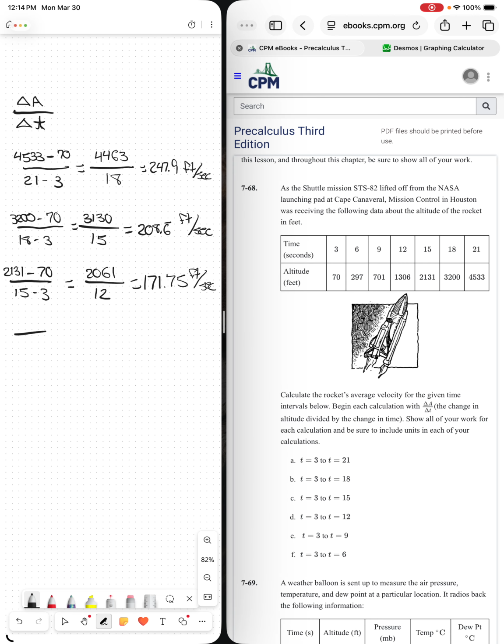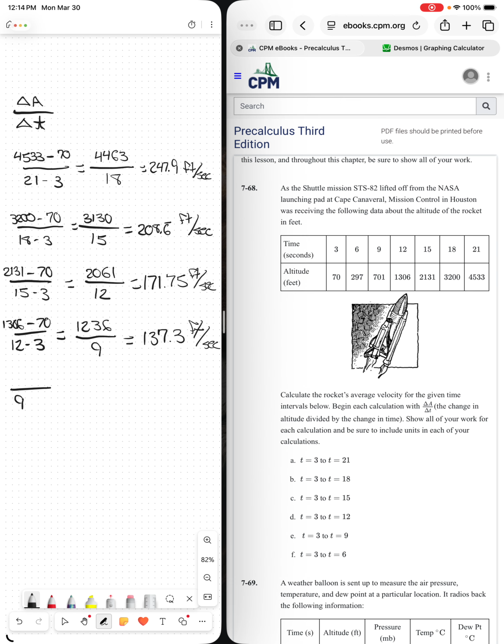All right, now we're gonna do 12. So 12 minus 3. 12 is 1306. So again, 1306 minus 70, over 9. So we'll divide that by 9. 137.3 feet per second.